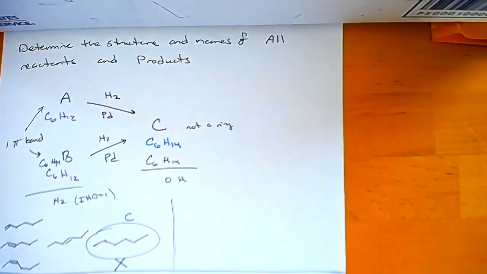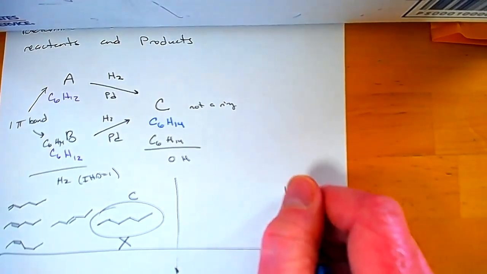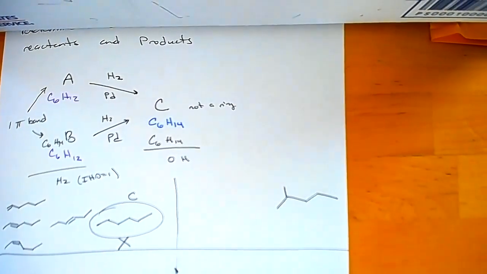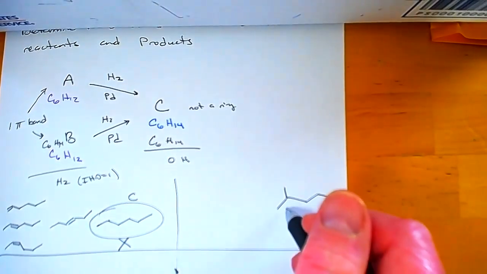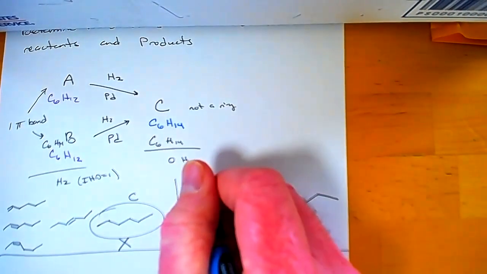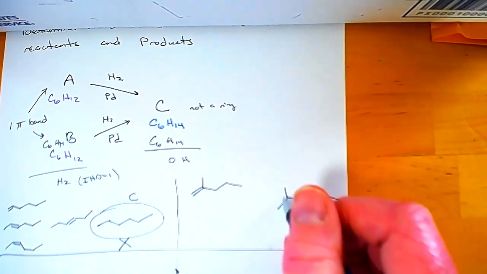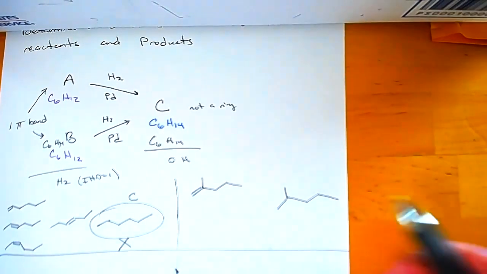All right, so let's put a branch into it. Now you could have the double bond at either one of these 2 carbon positions, which would be equivalent. You could put the double bond here or there, that's the same thing.